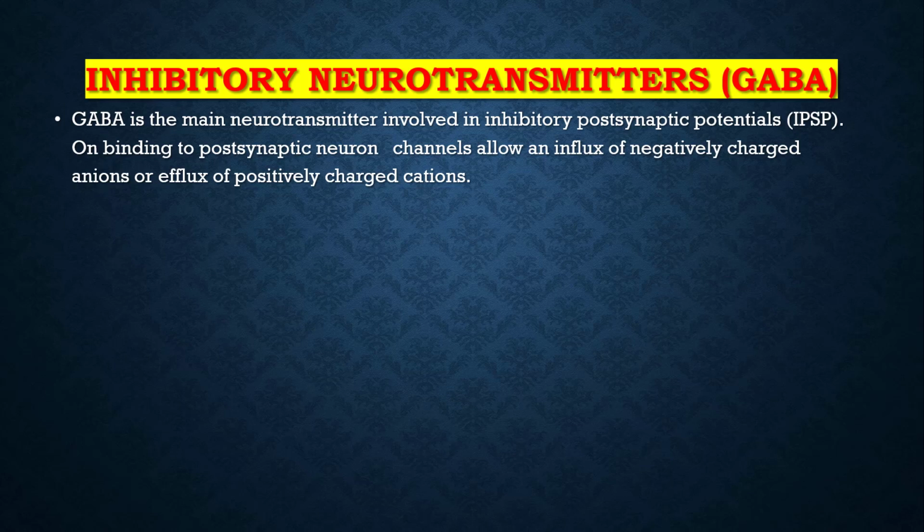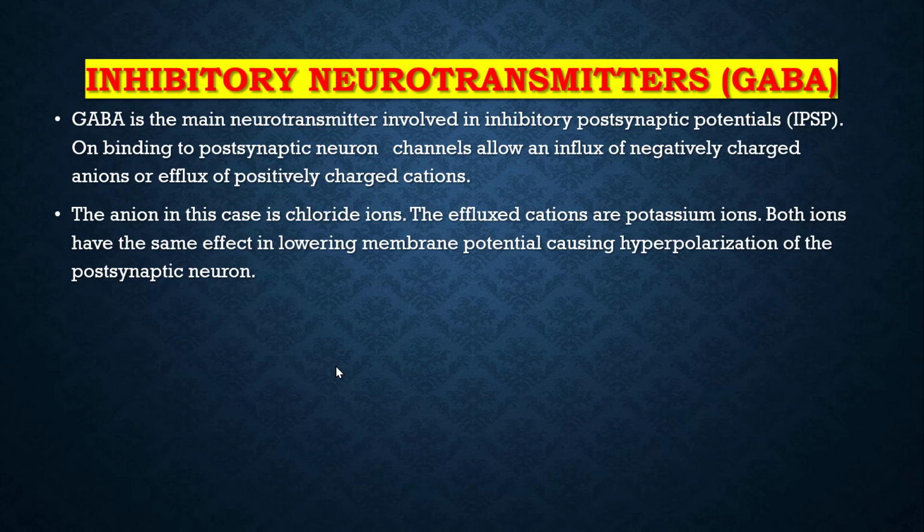The positive ion that leaves the cell is potassium. The negatively charged anion in this case is chloride, and the ion which effluxes from the cell is potassium.